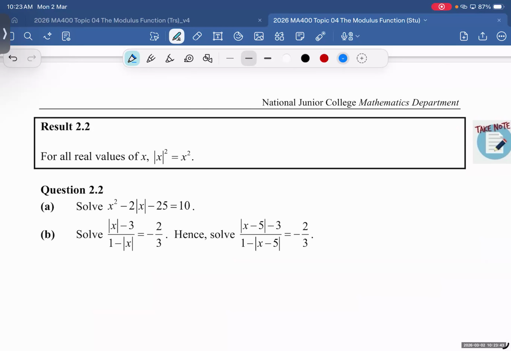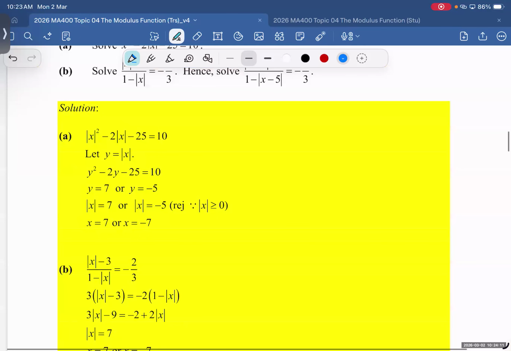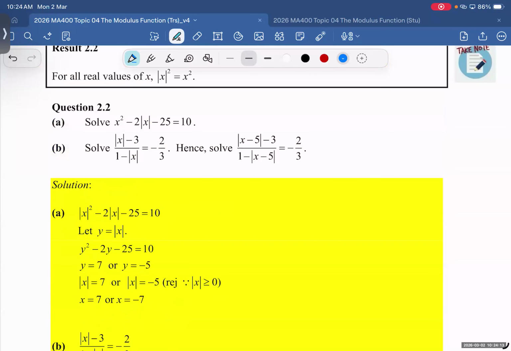So after you got this one, inside the equation, negative 7 or 7? Yeah, it doesn't hold.